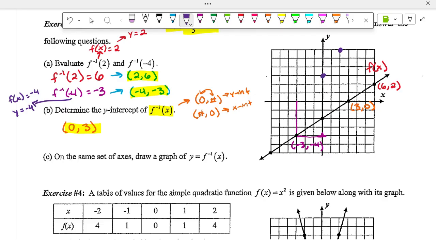So right here. And the point -4, 3. So my inverse would look something like this. So this graph right here is f -1 of x. So that's the inverse graph of f of x.